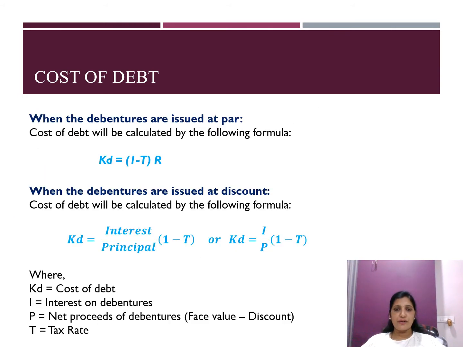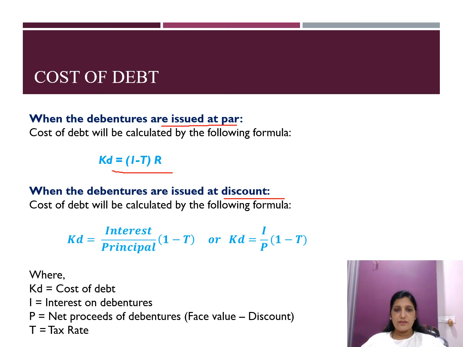We have some more formulas over here. When debentures are issued at par, premium or discount, we'll study those formulas. When the debentures are issued at par, the cost of debt is calculated by the formula we have just used, cost of debt after tax, KD is equal to 1 minus T into R. When the debentures are issued at discount, the discount factor comes in.